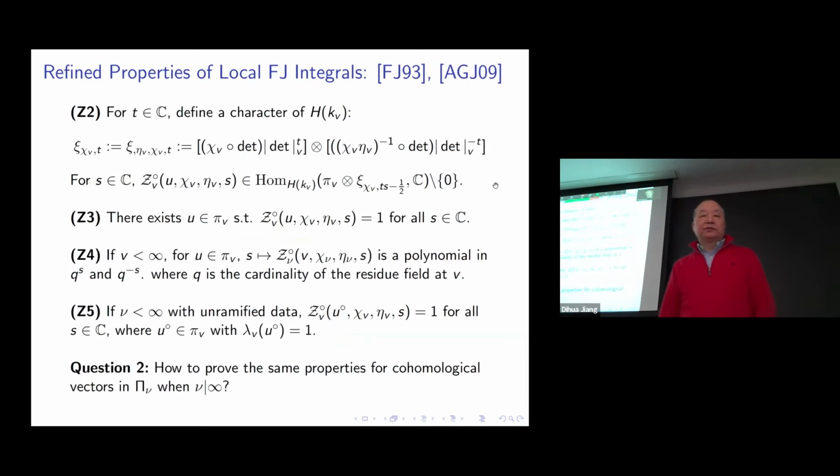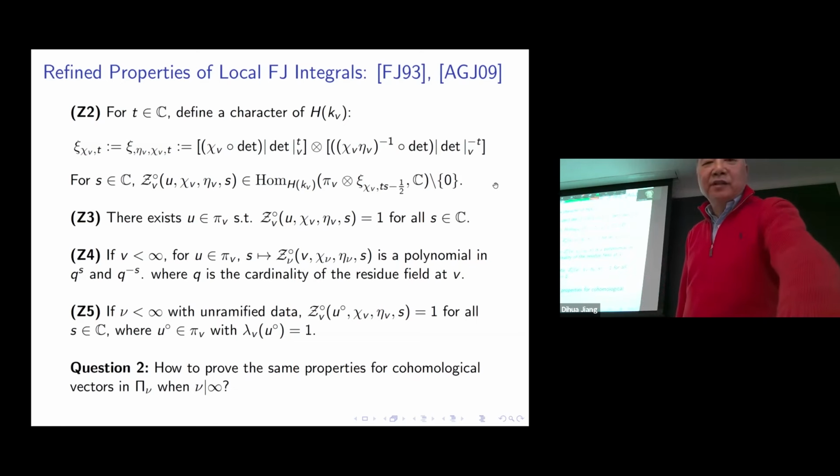And number two, you show that if you take a character looks like this, then this normalized Friedberg-Jacquet integral actually produces a linear functional locally. And you can choose a vector in pi such that this is 1.